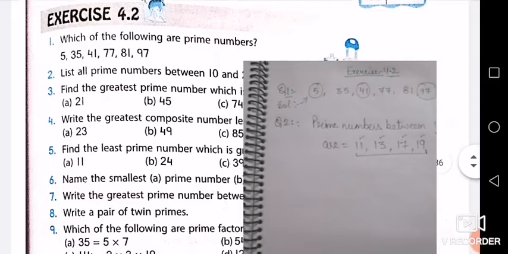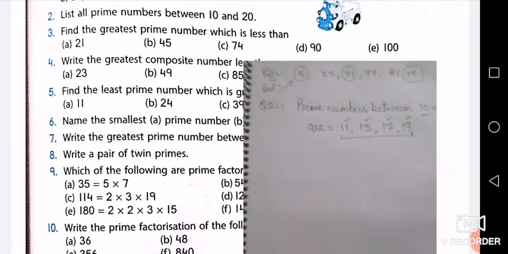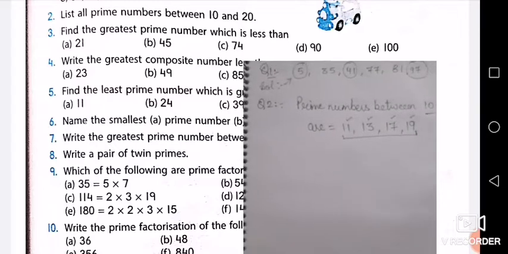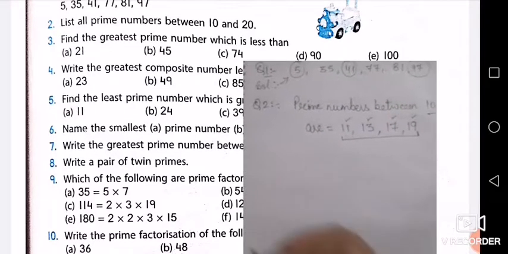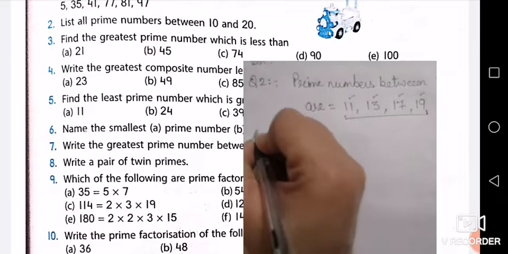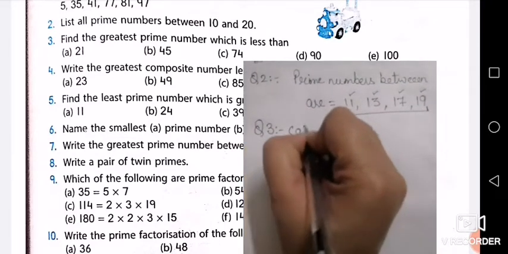Now question number 3, find the greatest prime number which is less than the given number. Now greatest prime number which is less than 21.